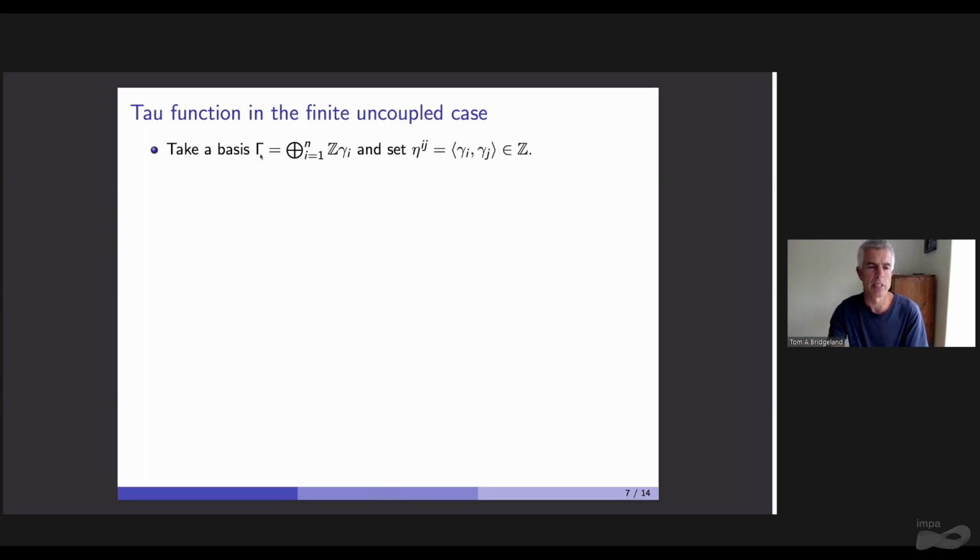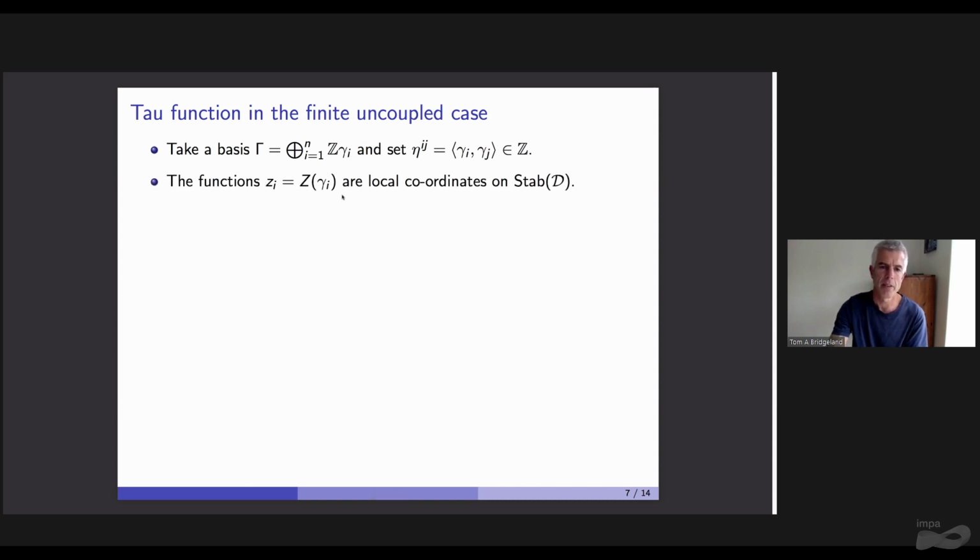Okay, so let me introduce some more notation where I take a basis for my lattice and I write the corresponding matrix for this intersection form. And then the central charges of these basis elements are actually local coordinates on the space of stability conditions.